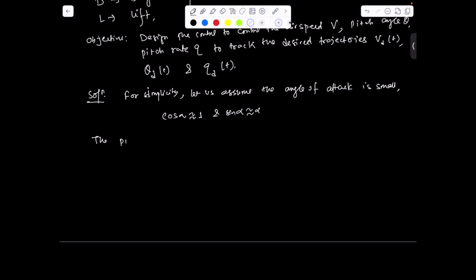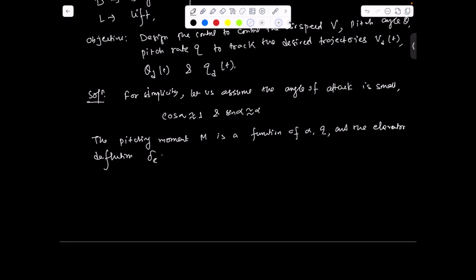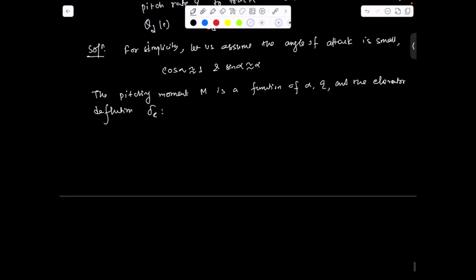And the pitching moment M is a function of alpha, Q, and the elevator deflection delta E. So in this case, we can write the total moment due to these parameters: M equal to M naught plus M alpha alpha plus M Q Q plus M delta E delta E.